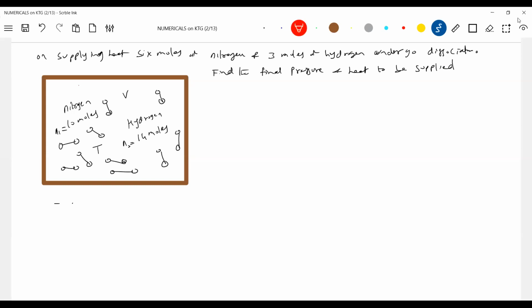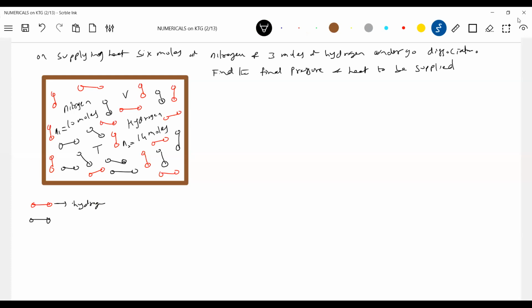The hydrogen, I'll show 14: 5, 6, 7, 8, 9, 10, 11, 12, 13, 14. Are you able to count the red and blue colors? So this is the hydrogen molecule.